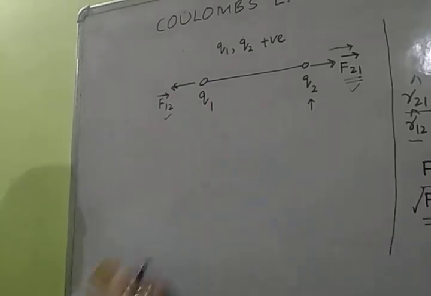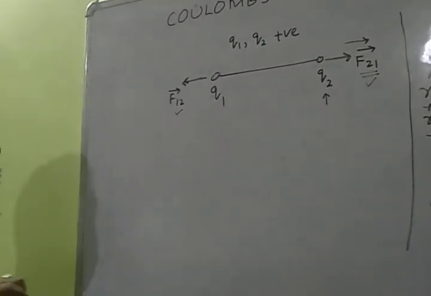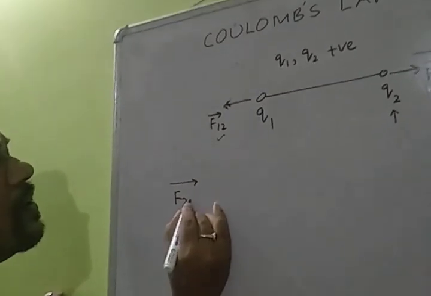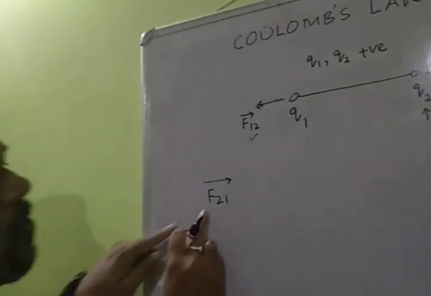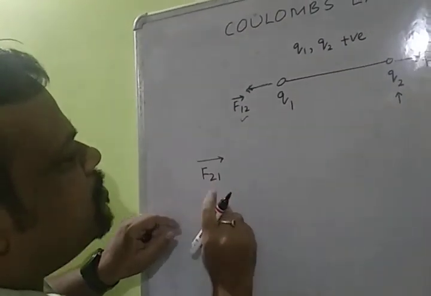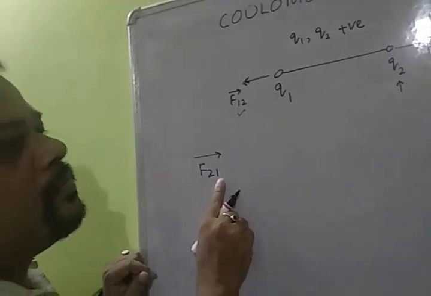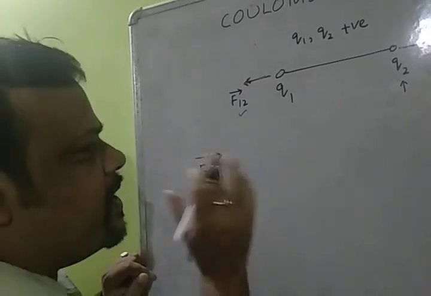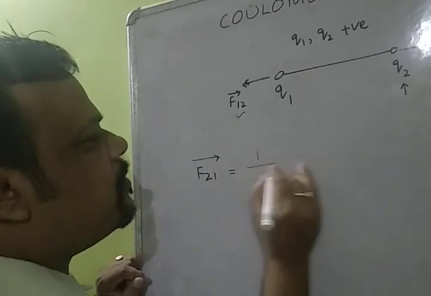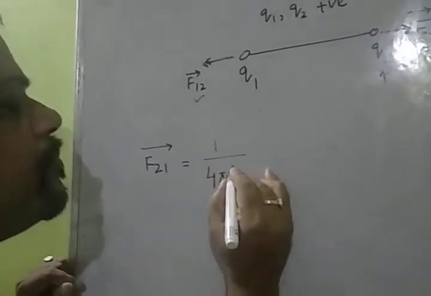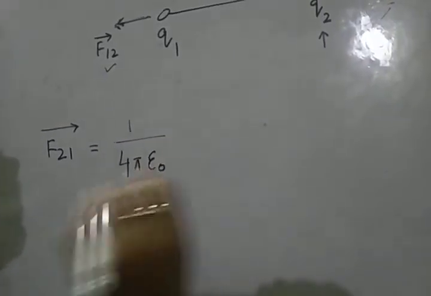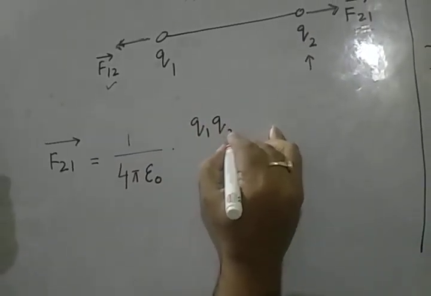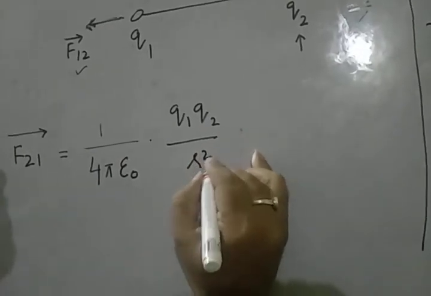So you can write Coulomb's law over here. We can express force F21, that means force on 2 experienced by 1. Suppose this is in free space. So we can write 1 by 4 pi epsilon naught, into Q1 Q2 by R square.